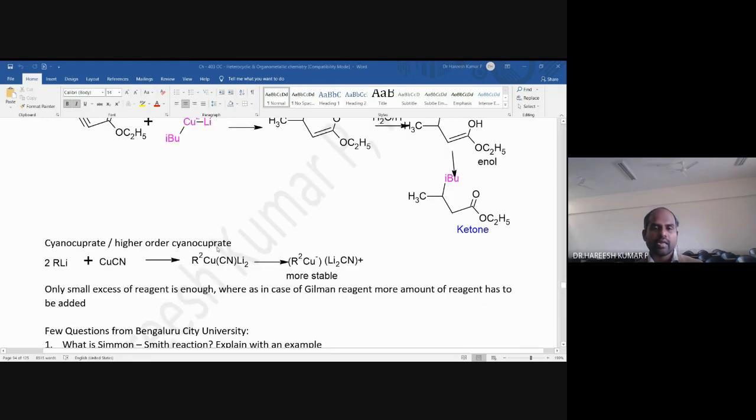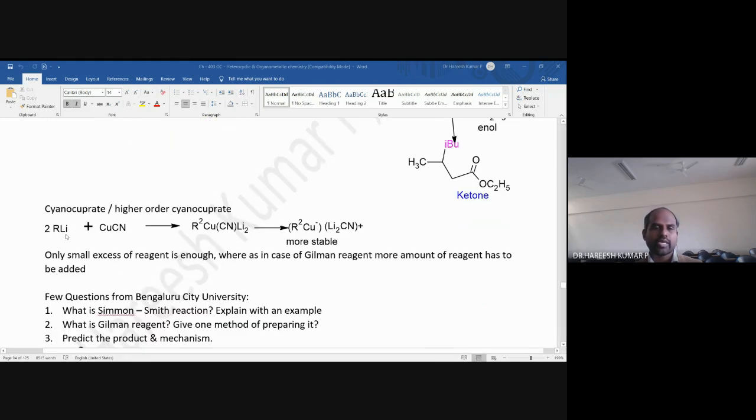This higher order cyanocuprate is nothing but a reaction of organolithium with copper cyanide. Copper cyanide means cuprous cyanide. So what will happen? There will be a complex formation like this, and this particular complex is more stable. Only a small excess of reagent is enough.